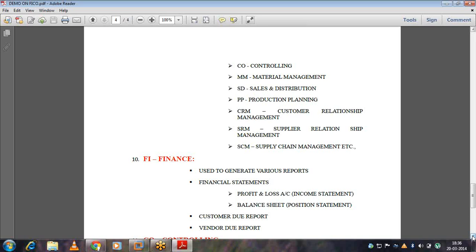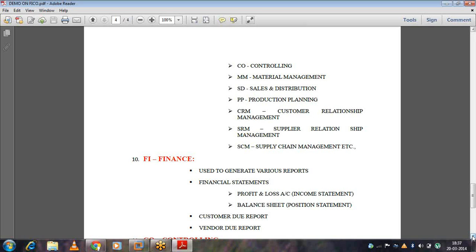The finance module will help the business organization in generating various kinds of financial reports, and using those reports, higher management can take decisions related to financial activities.